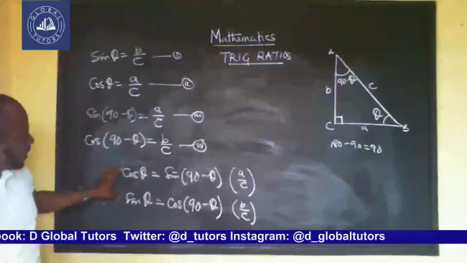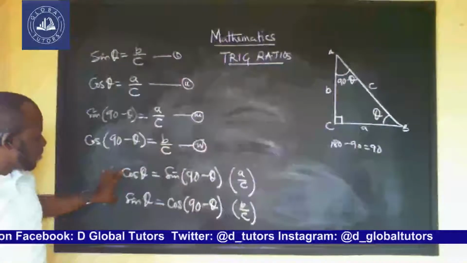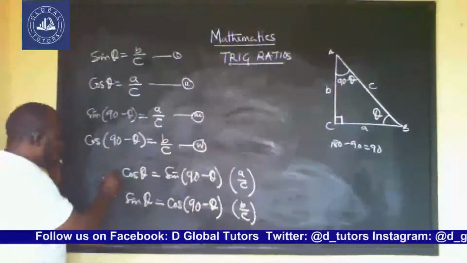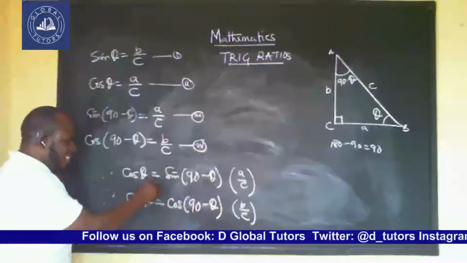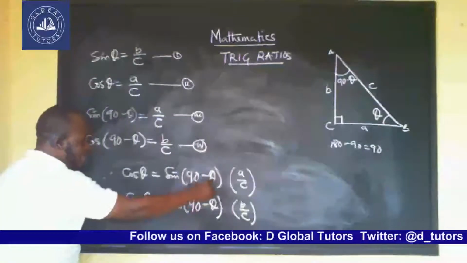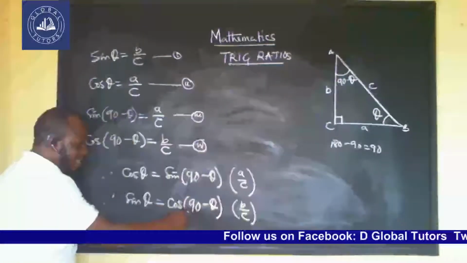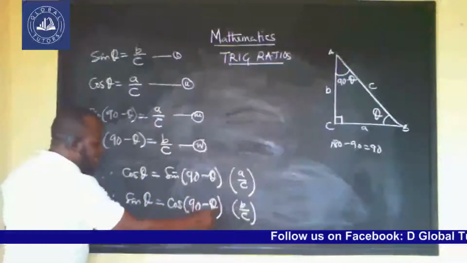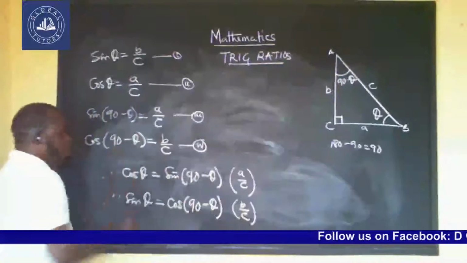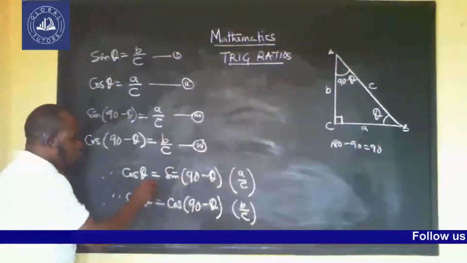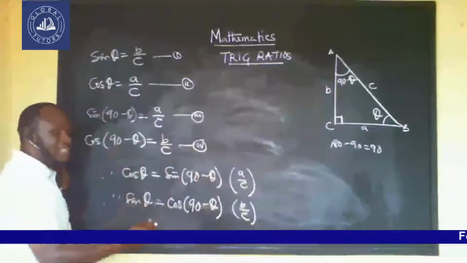Now, this is the relationship between sine theta and cos theta. The first one, cos theta is sine 90 minus theta. Then the second one, sine theta is cos 90 minus theta. These two equations, you must memorize them because you use them to solve questions.